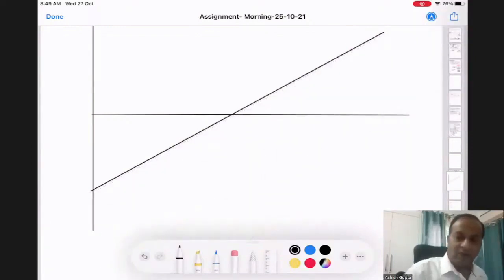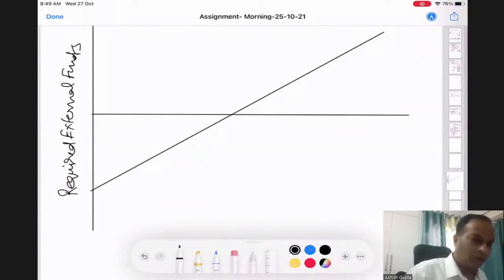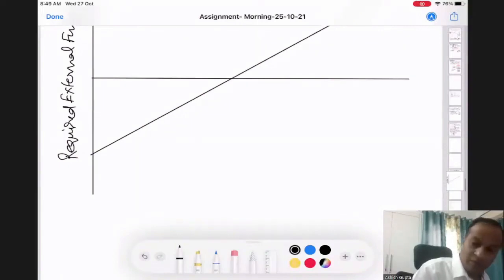Okay, students. Now here is the required external funds. Here I take projected growth rates.